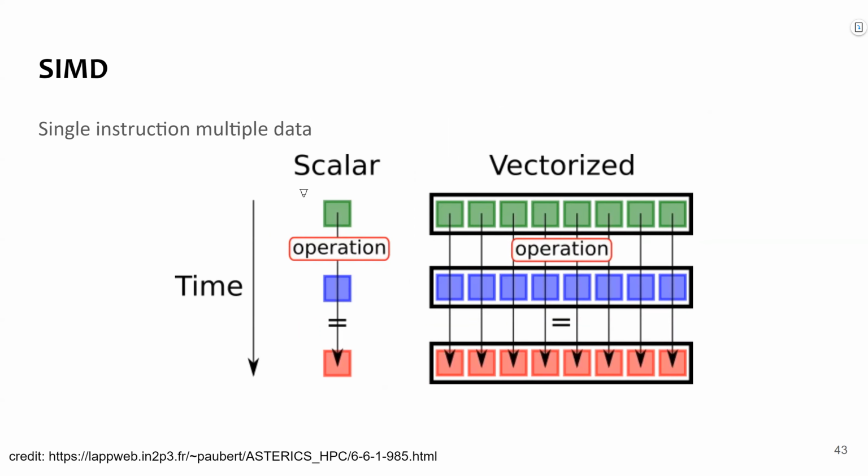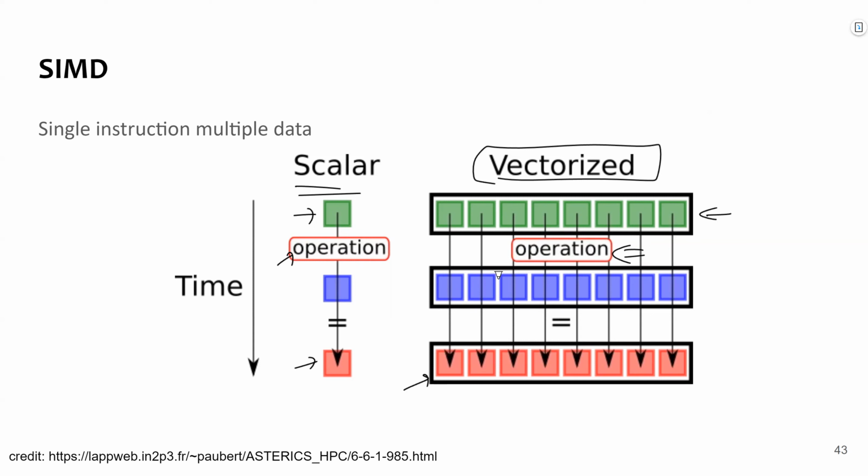Another view is to perform this scalar operation. You just receive one data and then conduct this operation and output just one value. However, if you vectorize these values and pass these vectorized values to this SIMD operation, then it will be operated in parallel, and the result will be multiple values.